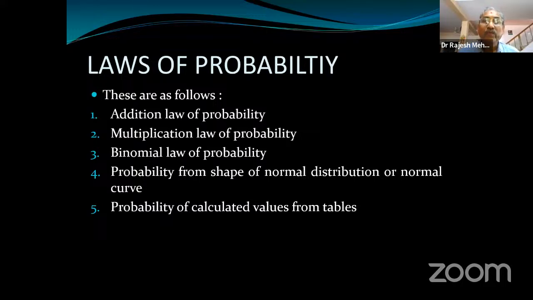And we usually compare the probability with the tables. When we calculate the probability, there are standard tables also available, which are already calculated based on mathematical formulas. So we need to compare the probability observed here with the table. Based on that, we will compare the probability of the event occurring by chance with the table.